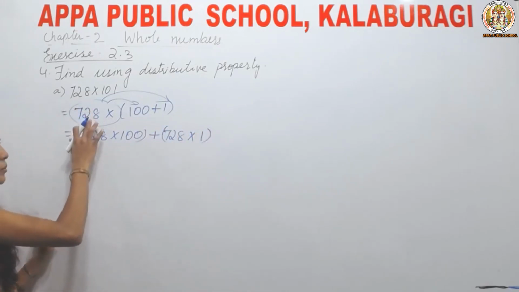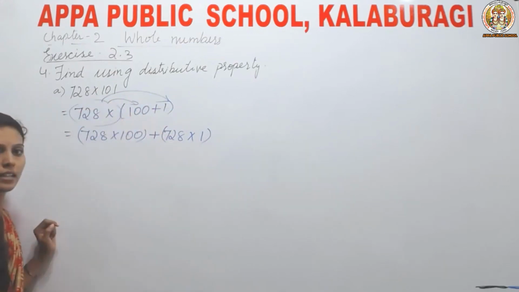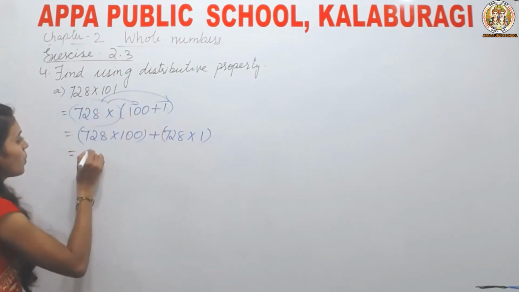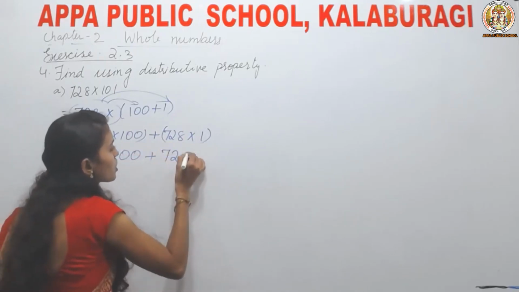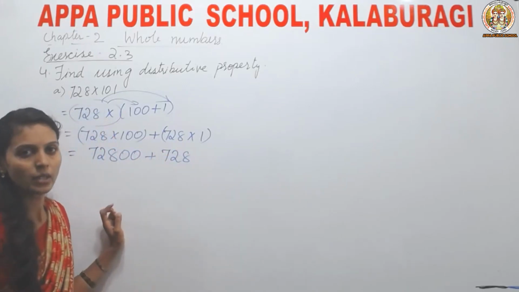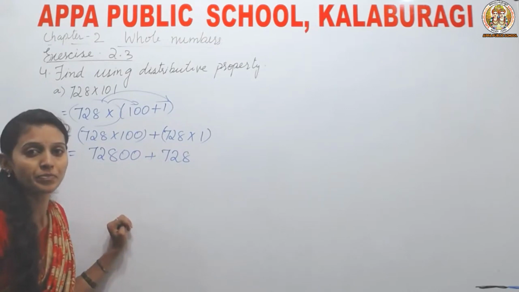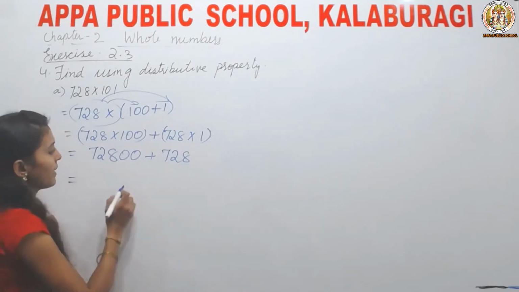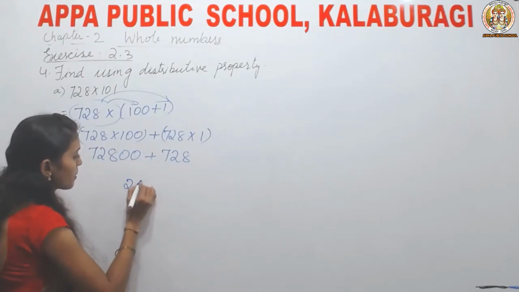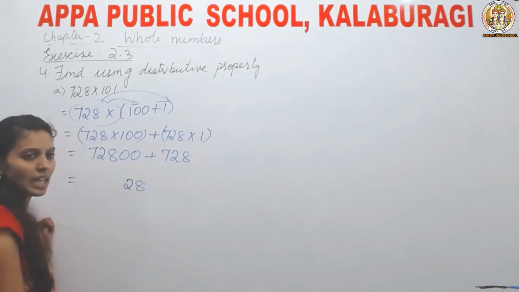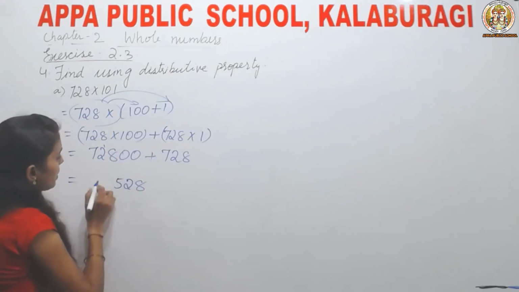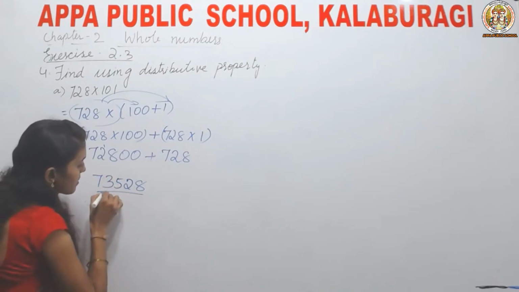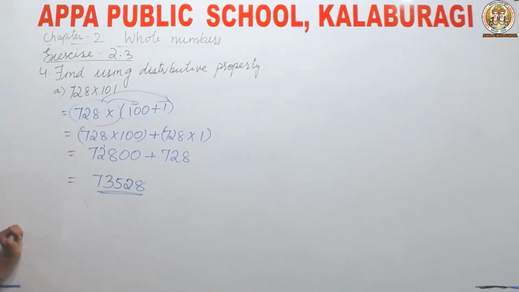I have distributed 728 to 100 and to 1, both. So 72800 plus 728, because multiplication with 1 is very easy, right? With 1 and 0, it's too easy. That's it. Now add 0, 0, so the last two digits will be the same, 28. Now 8 plus 7, how much? 15. 1 carry, so 3, 7 as it is. Over.